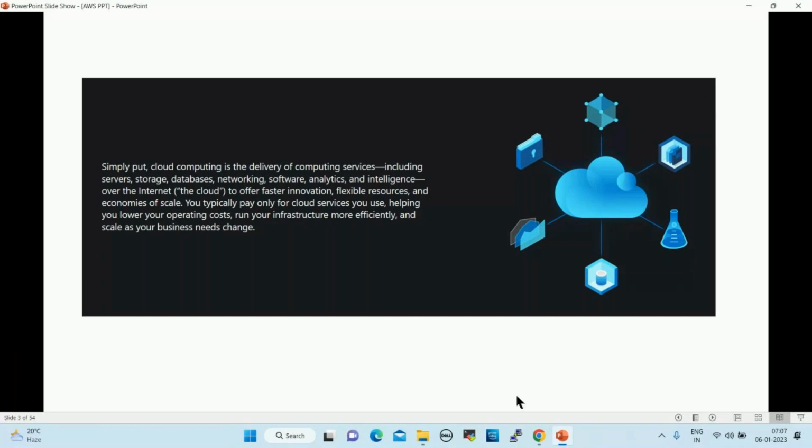So when we talk about physical servers, when we configure physical servers, we have full control. For example, in our local data center in the Hyderabad office, Gachibowli office, when we have any physical server issue, we go to the data center and resolve that issue physically.